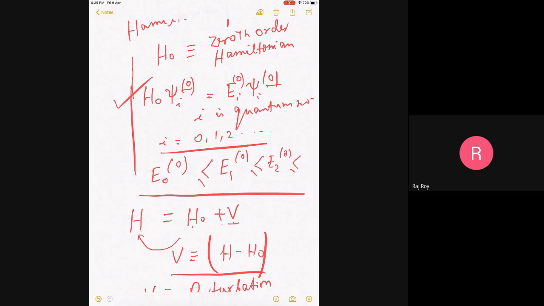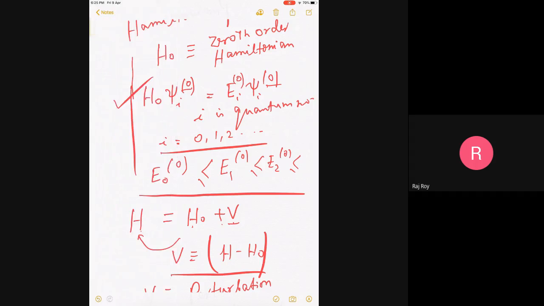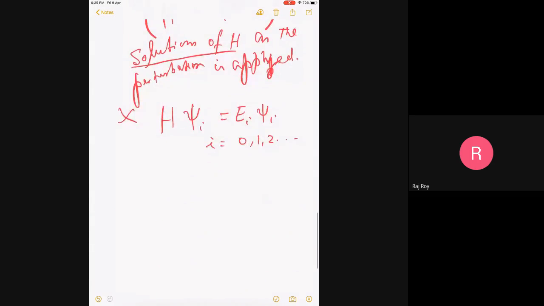That's the difference. But the solutions of H are not known. Only H is known. But the solutions are not known. So we want to find out the solutions of H. That's our problem with perturbation theory. So using perturbation theory, we want to find out the solutions of H. Is the problem statement clear?